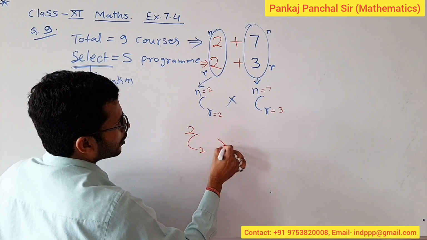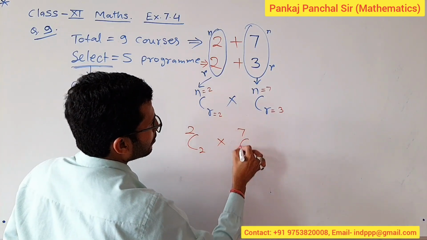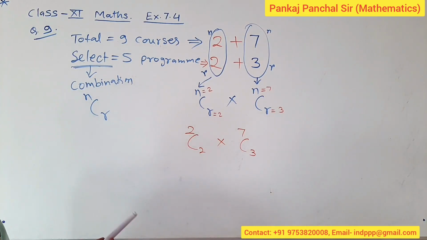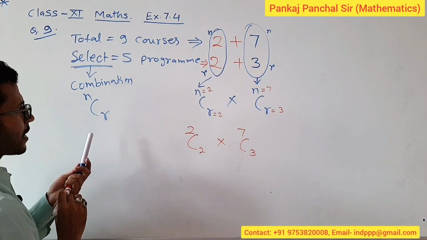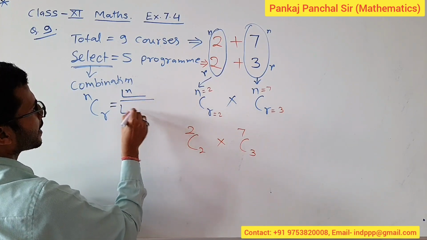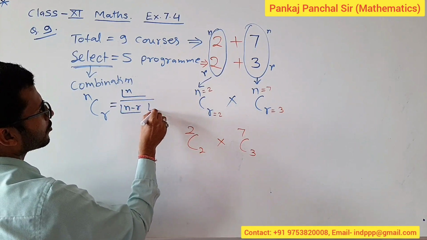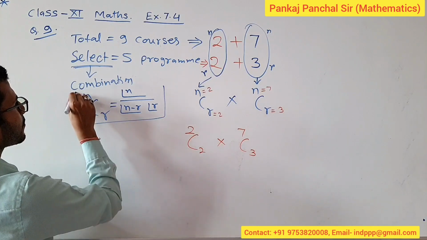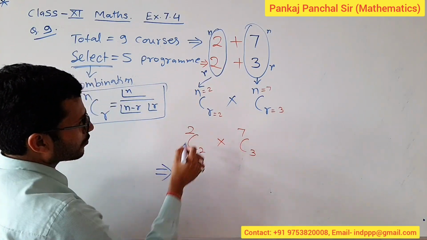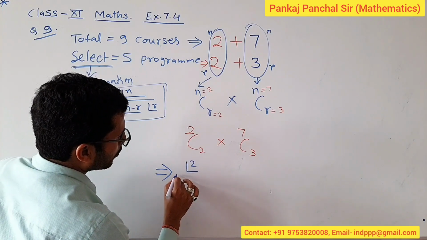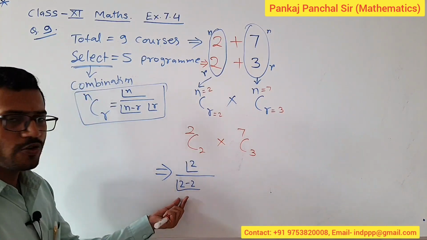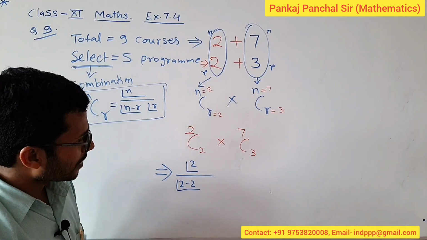So we will solve this: 2C2 into 7C3. Now for 2C2, we will use the same formula, factorial n divided by factorial n minus r into factorial r. Apply this formula at both places. You will see factorial 2 divided by factorial 2 minus 2, so factorial 0, and factorial 0 gives 1.